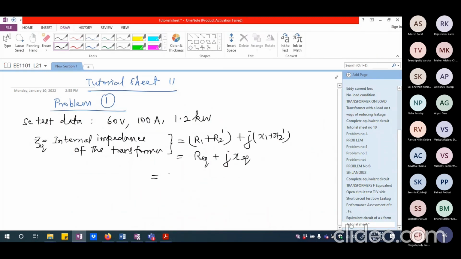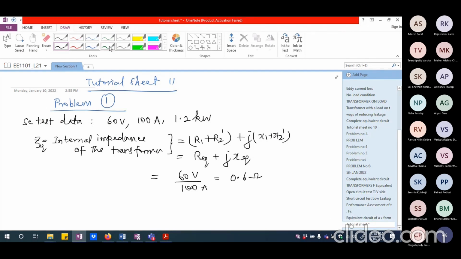So this is going to be equal to the voltage divided by the current. So I'm going to have 60 divided by 100. So I'm getting this as 0.6 ohms. So this is essentially the internal impedance of the transformer.